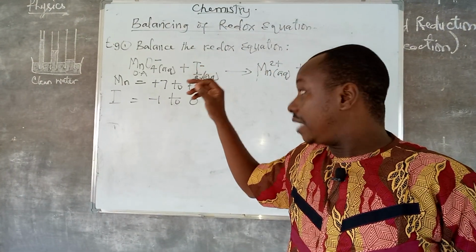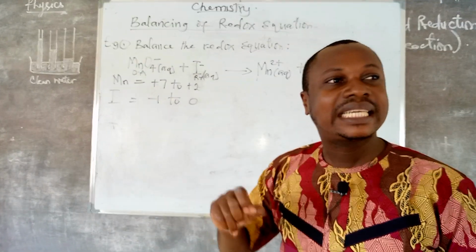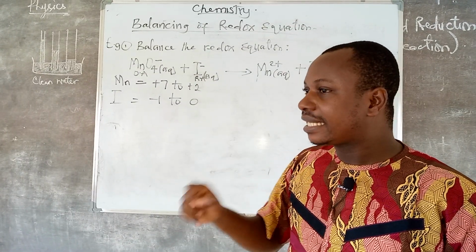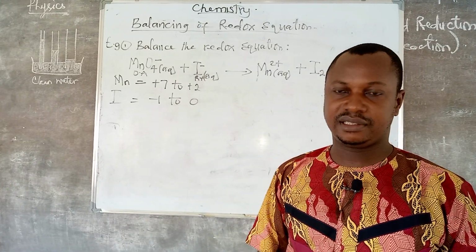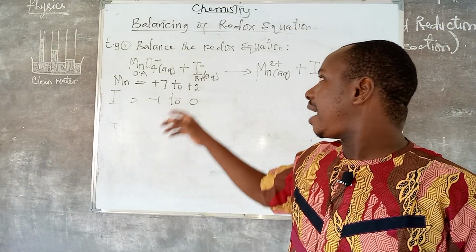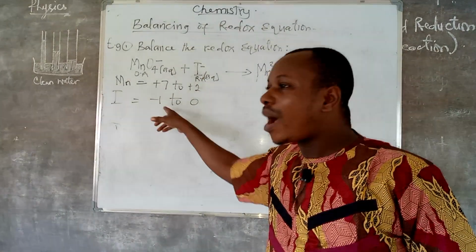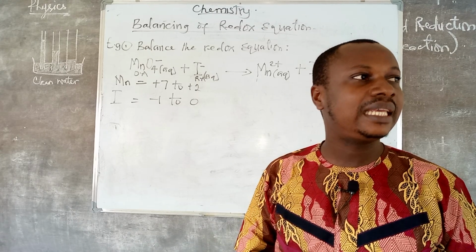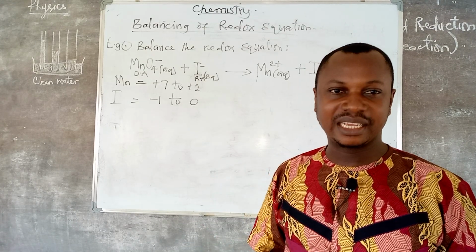Like we have found out now, the oxidation number of manganese is decreasing from +7 to +2, obviously a decrease, while iodine changes from -1 to 0, obviously an increase.